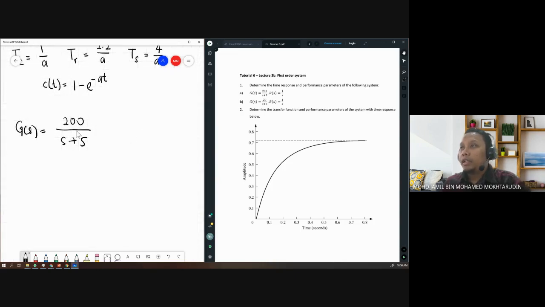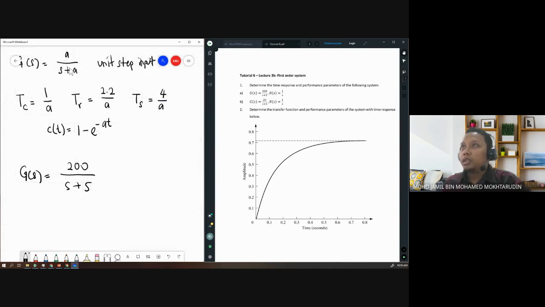Okay, so when you have this, try to make it equal a divided by s plus a. You realize that a is 5, but the numerator is 200. So what you can do is factorize to make it 5. You can do 40 times 5 over s plus 5.